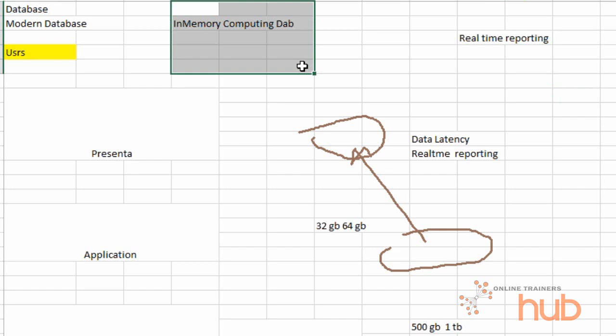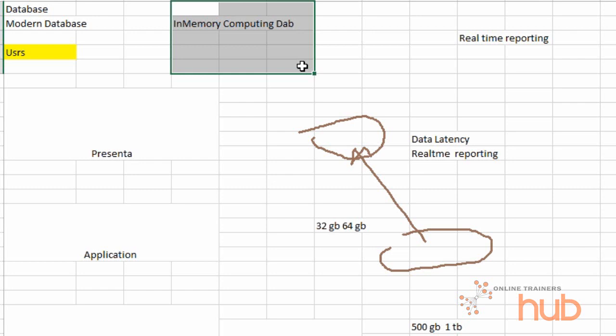With the invention of HANA, we can say HANA is an in-memory computing database that exists within RAM and has the capability to hold gigabytes to terabytes of data in main memory itself, so that we can process the data at very gigantic speeds, and the data can also be used for real-time reporting.